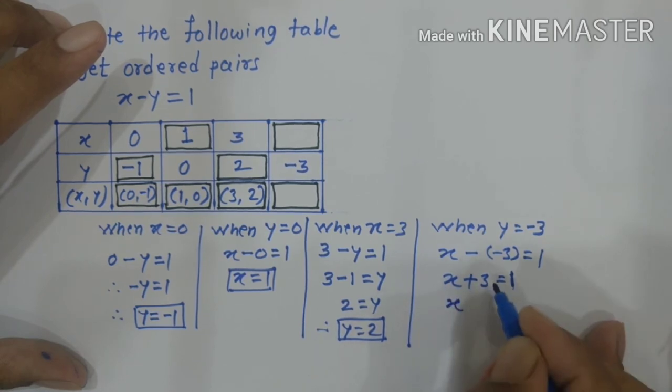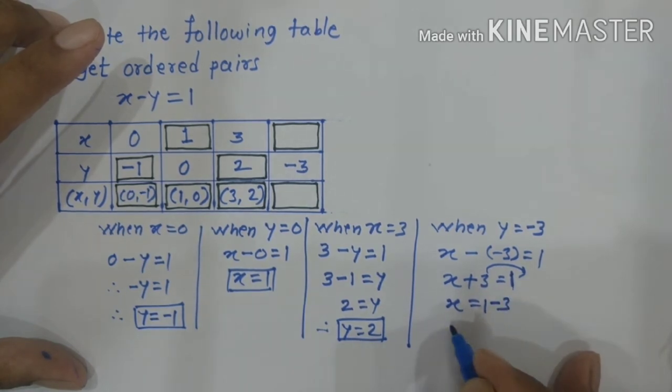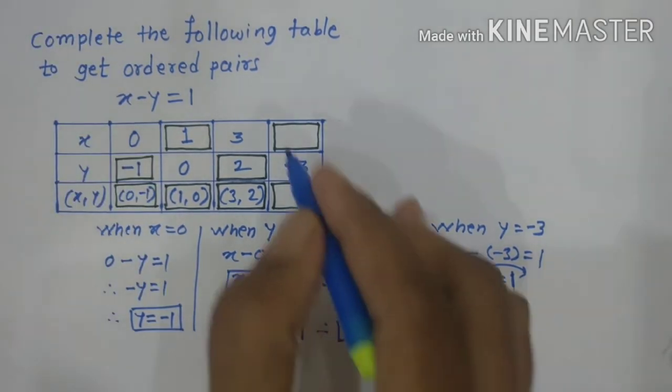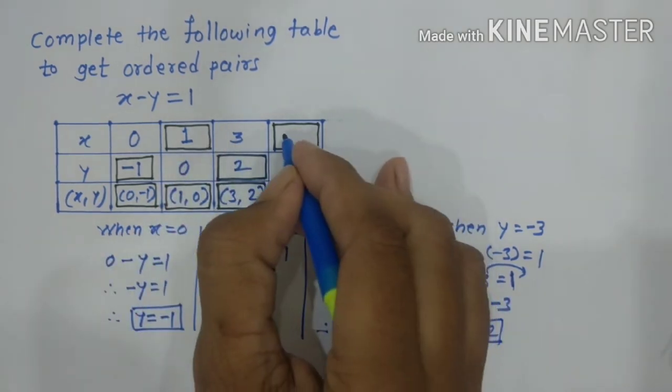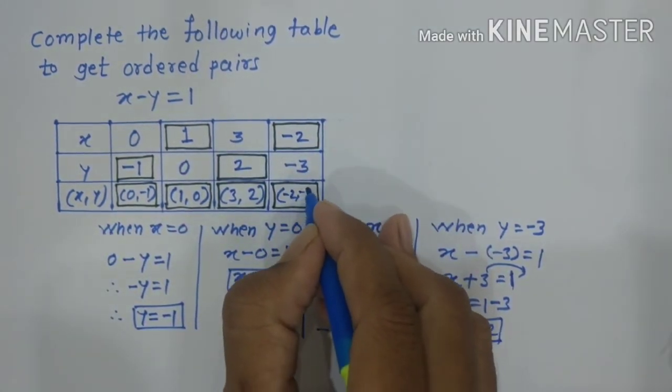Therefore, transpose 3 to the right side. Therefore, 1 minus 3 can be written as minus 2. The value of x is minus 2. Write this value of x in the last column, that is minus 2. Our solution is minus 2 and minus 3.